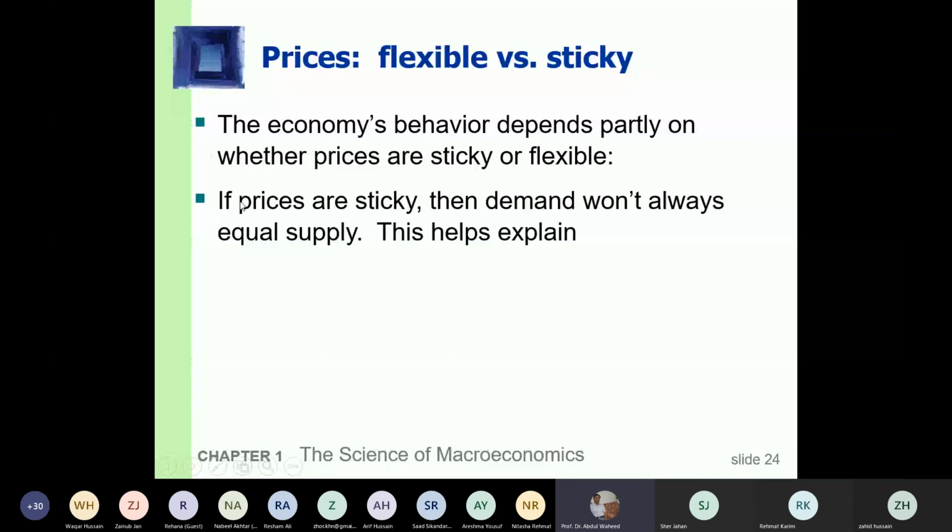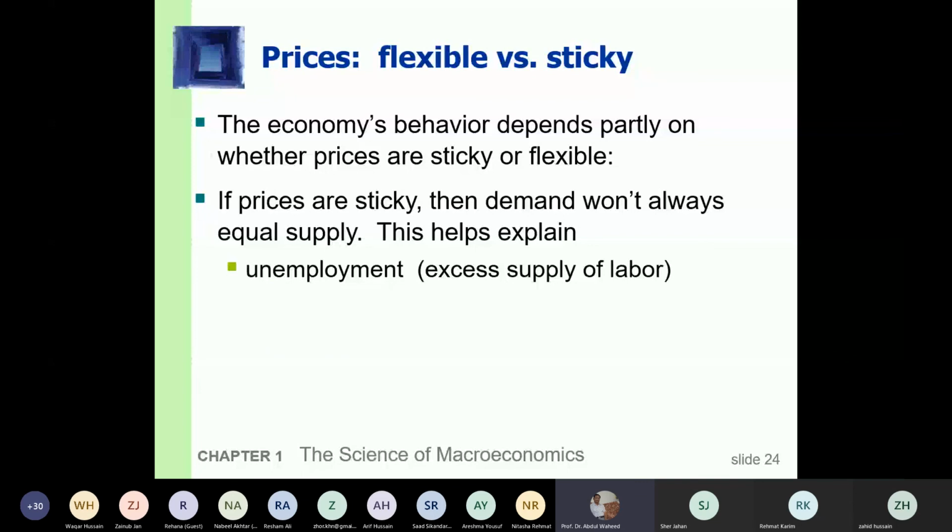So if prices are sticky, then demand won't always equal supply, and this explains why there is unemployment, because people are not ready to accept lower wages in the labor market. So that's why we face unemployment.